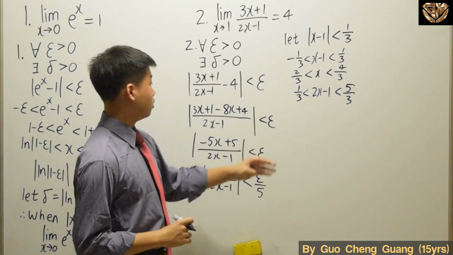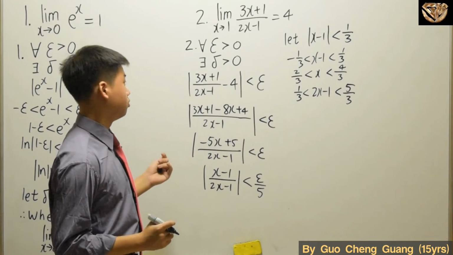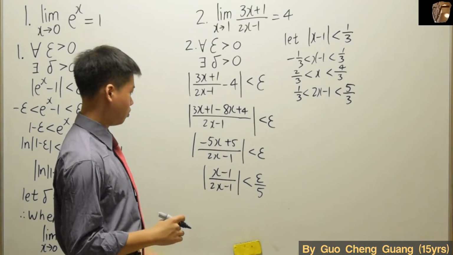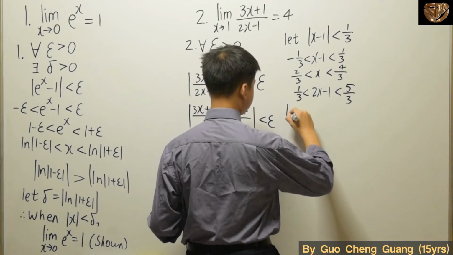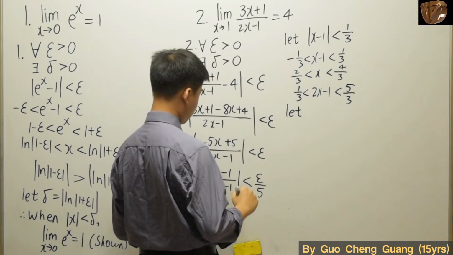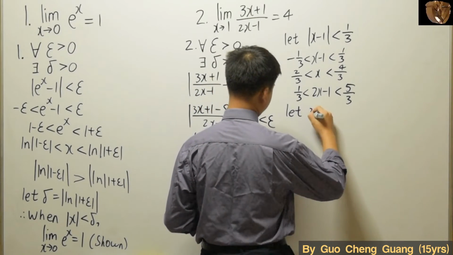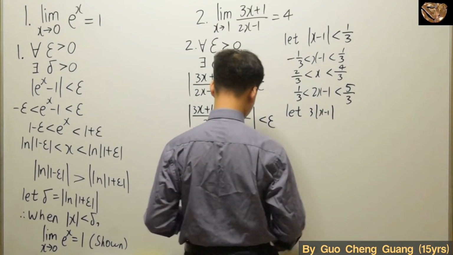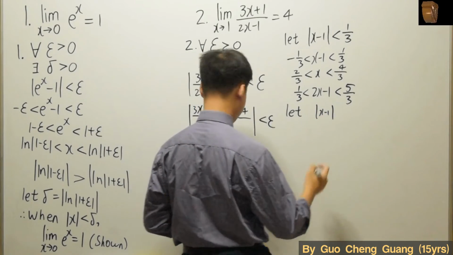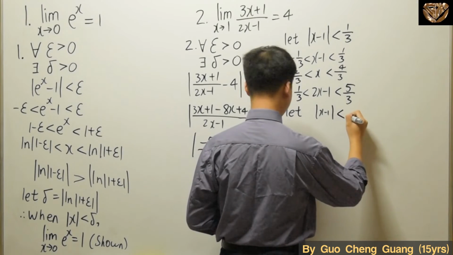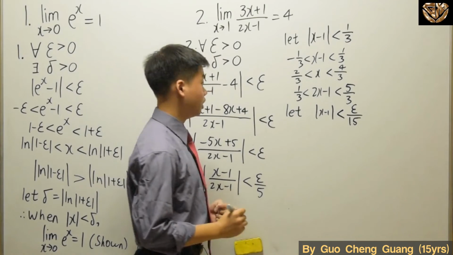So when you take 2x minus 1 to be 1 over 3 in the denominator, you could write 3|x - 1|, or you could also just move your 3 to the other side, which creates epsilon over 15.